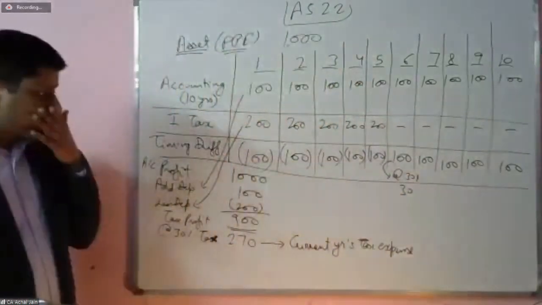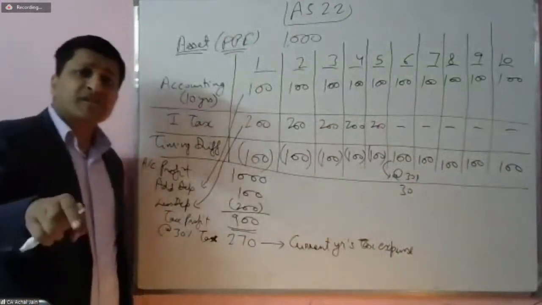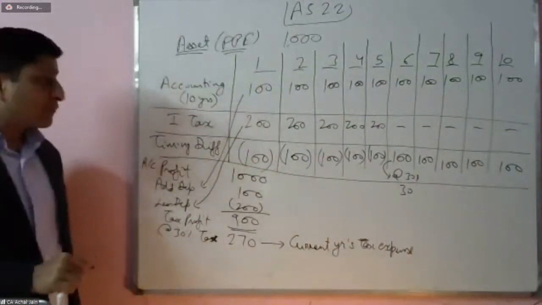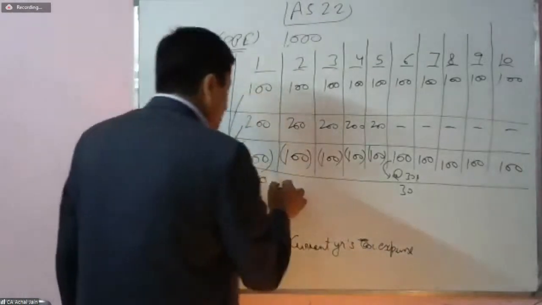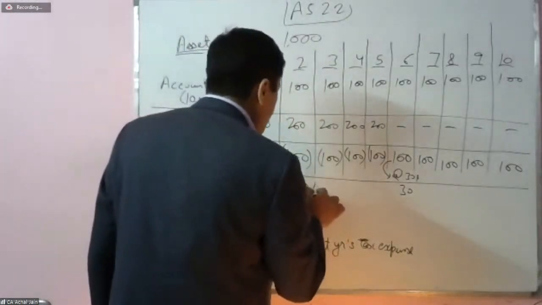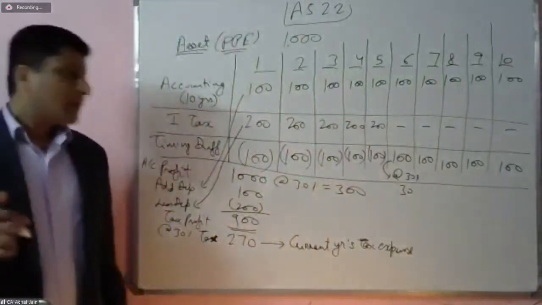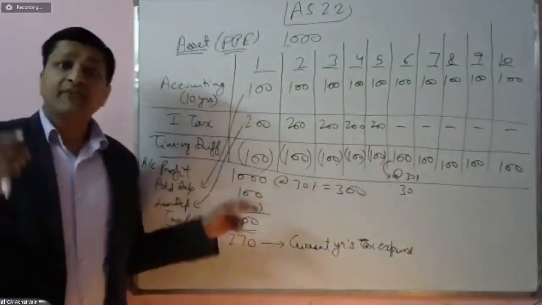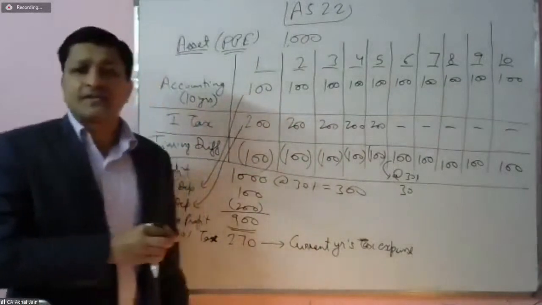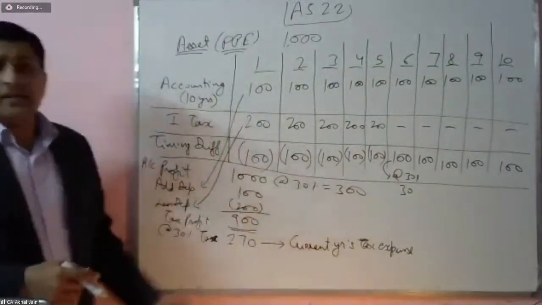So today in the first year we are paying lower tax. Why? Because on 1000 if we would have computed tax, it would have become 300.